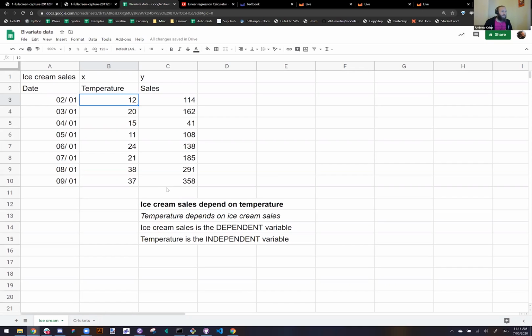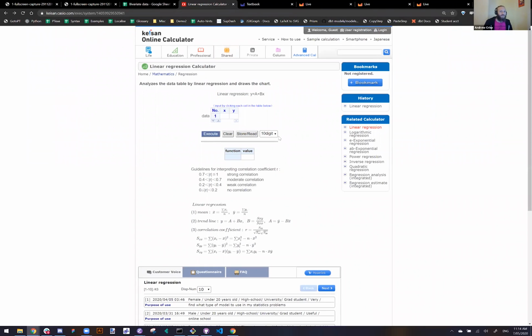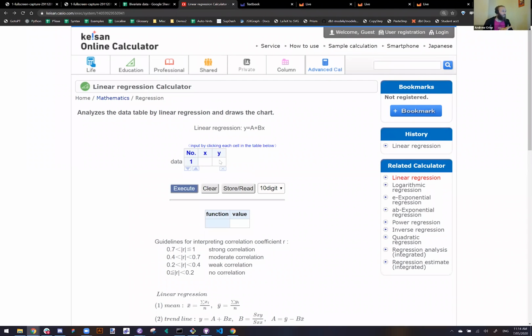What I did was I went online and I looked for an online correlation calculator, and I found this one that Casio provides. So this will be very similar to the interface that you have on whatever piece of technology you choose. And if you look up, the proper name for it is linear regression.